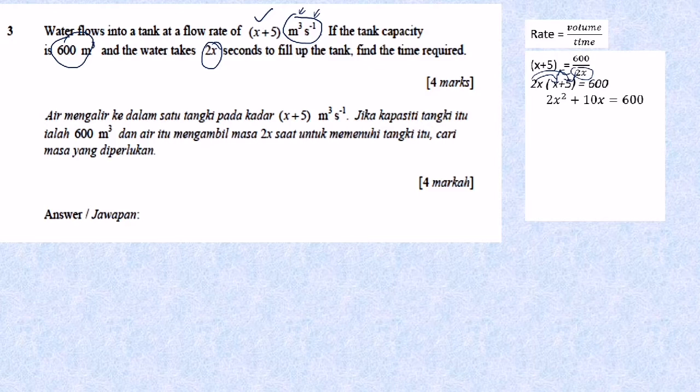And we arrange it into general form: 2s squared plus 10s minus 600 equals 0. And don't forget to simplify it. Every algebraic term can be divided by 2. So we will get s squared plus 5s minus 300 equals 0.